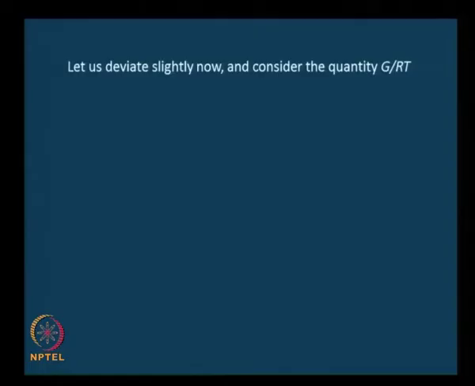Now, let us deviate slightly. It is still very related, but this becomes essential to develop a means of relating the excess properties to PVT. Therefore, let us consider the quantity G by RT. The residuals of this could also be written, as you will see.